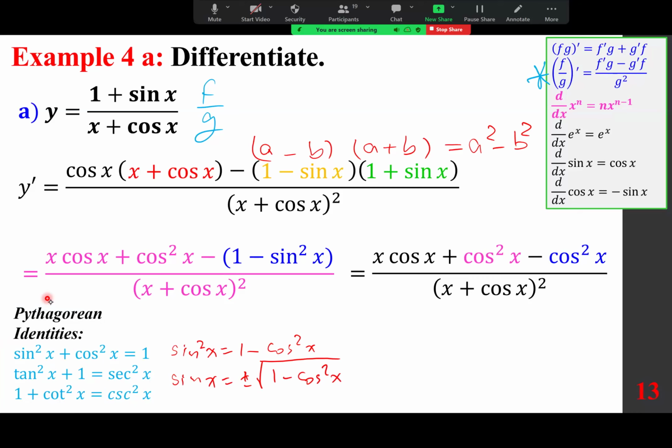So with that being the case, clearly these two cancel each other, and you're done. The numerator is simply x cosine x. So the final answer is y prime is x cosine x over (x plus cosine x) quantity squared, and we are done.